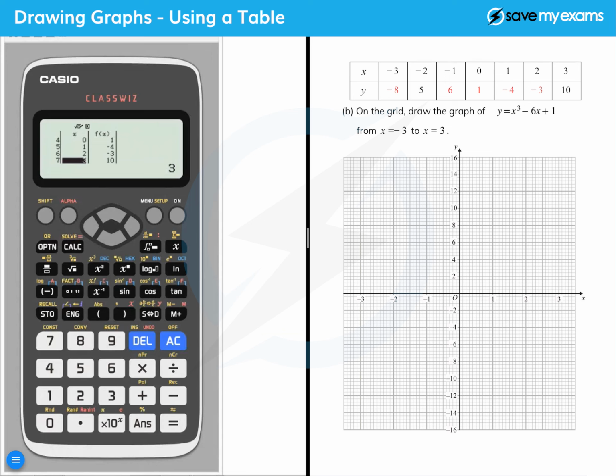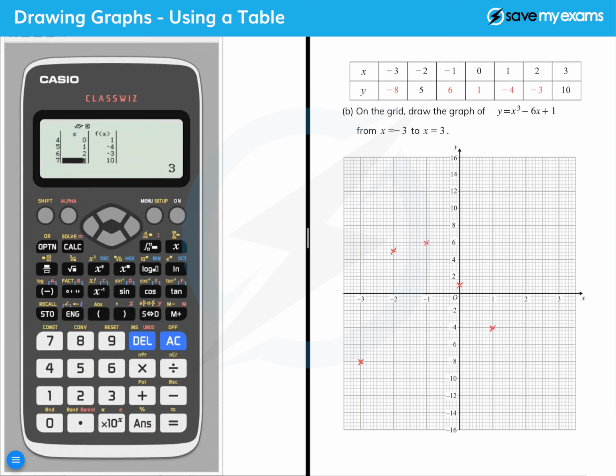So, x is minus 3, y is minus 8, is down here in the bottom left there, minus 2 and 5 is there, 5 is halfway between 4 and 6, minus 1 and 6, okay, 0 and 1, halfway between 0 and 2 there. 1 and minus 4 is down here.